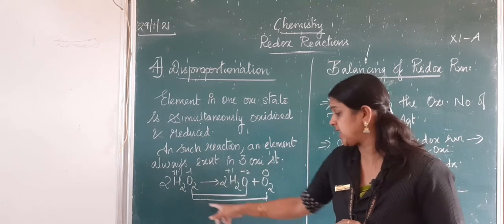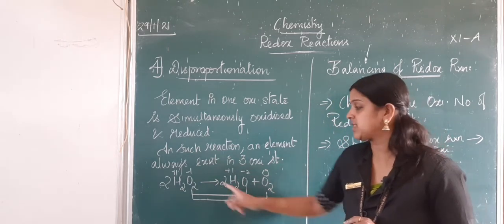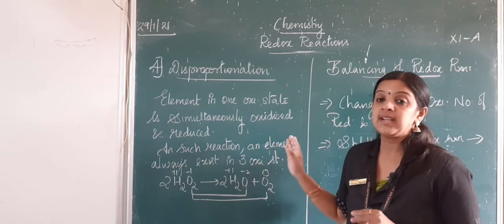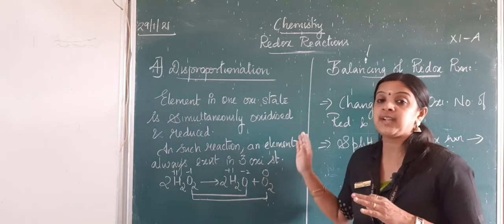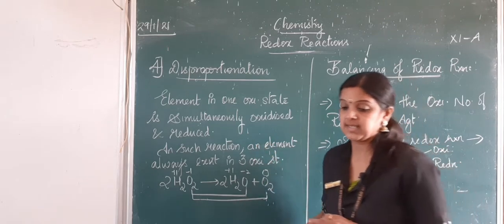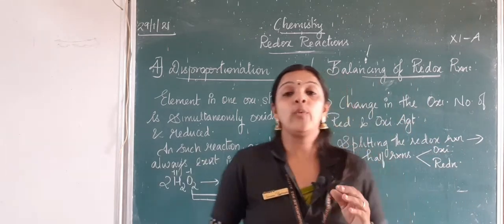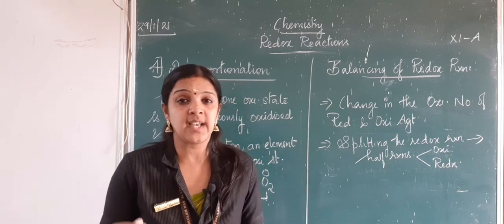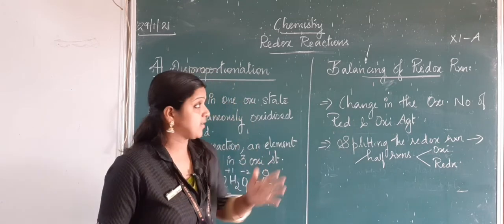So, there you can see there is an increase in the oxidation state and also a decrease in the oxidation state, which shows that it itself undergoes oxidation and reduction simultaneously. So, when the same element is oxidized and reduced, we call such reactions disproportionation reactions.